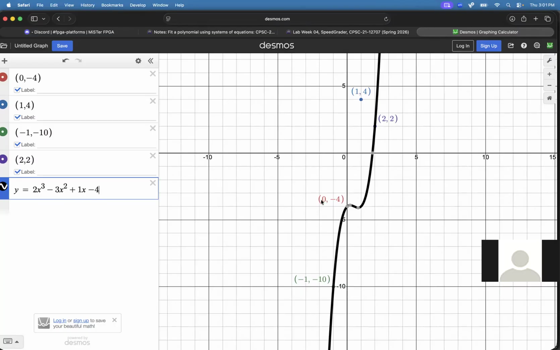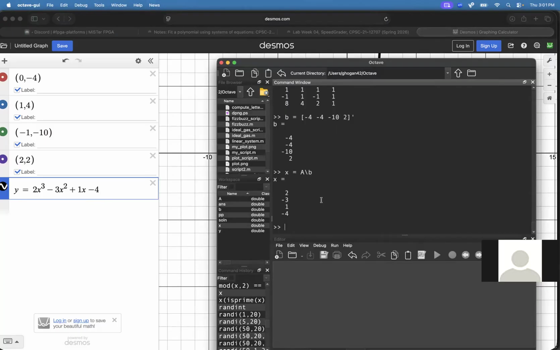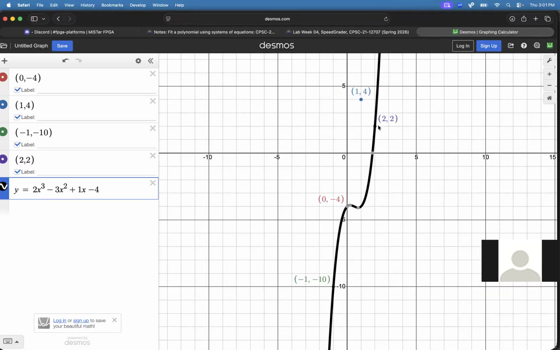And if you look at that, we have a problem. Did I type something in wrong? I should have gone through all the points. It's going through that one. 1, 2, 3. It doesn't go through this one. What is happening here?